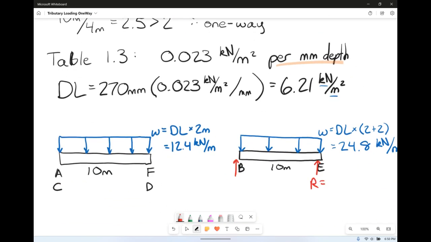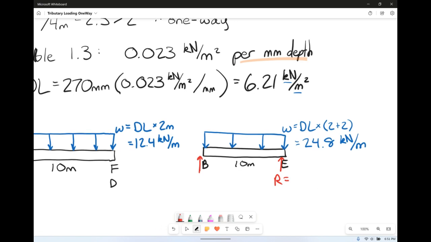So the reaction is going to be, I mean, this is a very, very simple beam. You could sum the moments about B and you'll find the reaction at E, or because this is 100% symmetrical, it's literally only going to take half of that load, which obviously you'll see if you sum the moments.